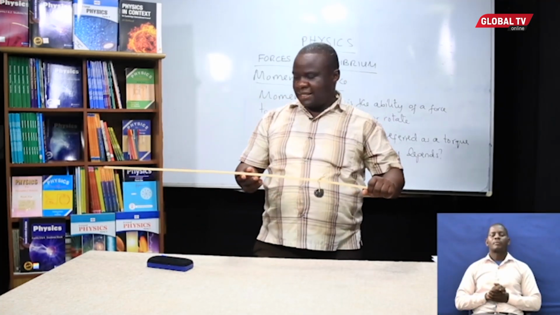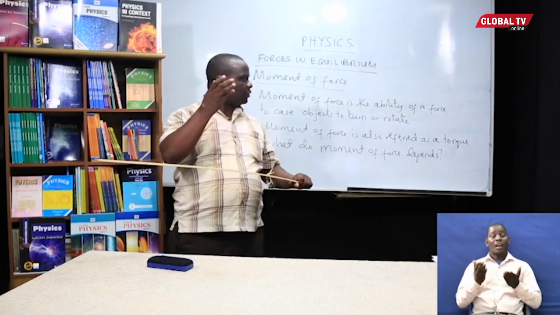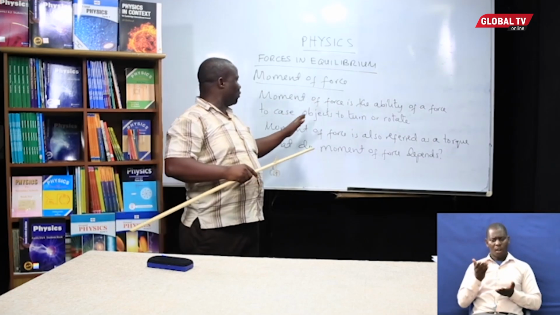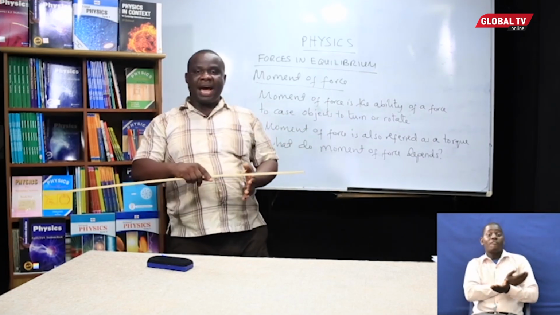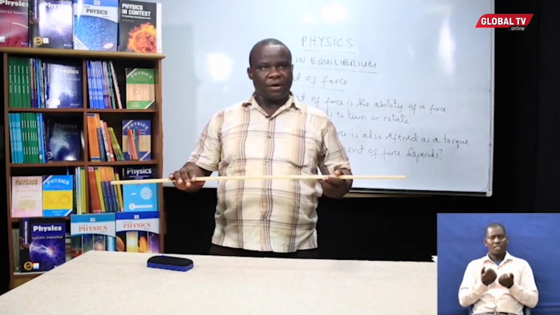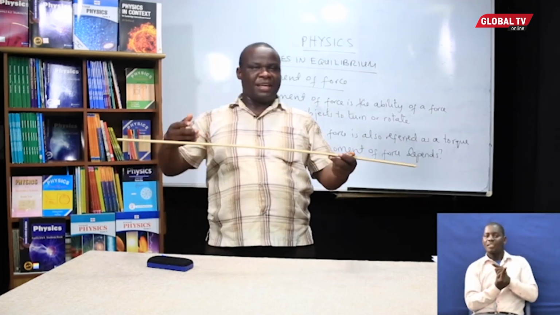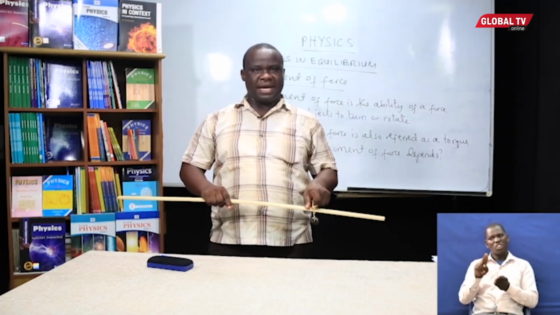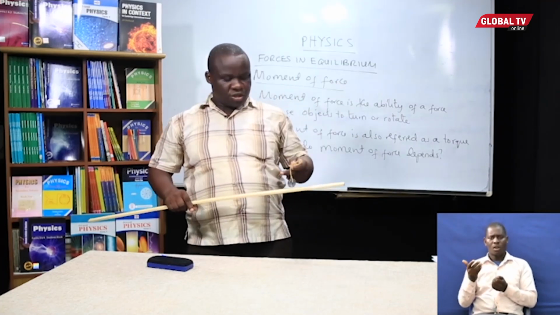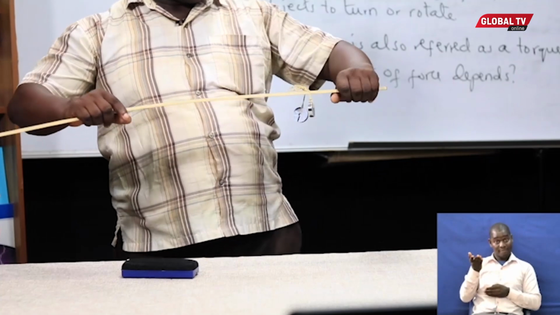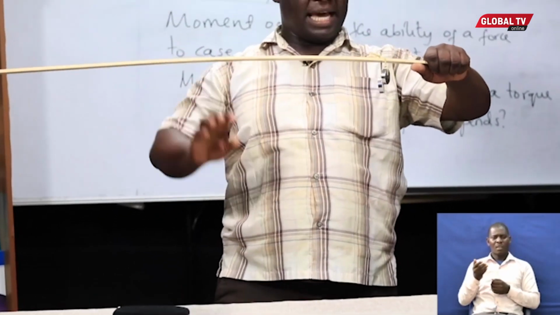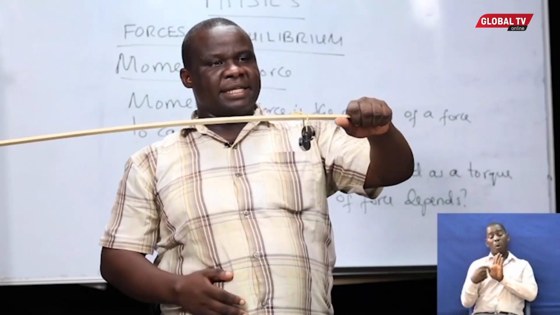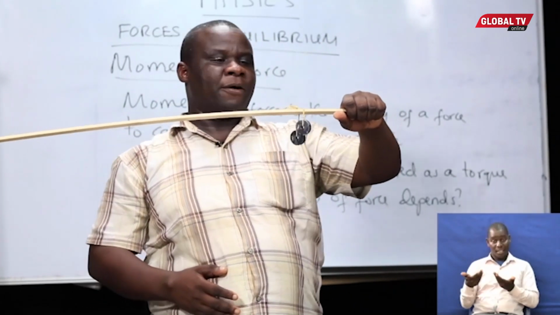Now, to answer this question, let us have this activity. To recall, a moment of force is the ability of a force to cause objects to turn. I have a meter rule here. Even where you are, you can have something which is just a rod or whatever. I also have a mass here. If I hold the meter rule, this point can be regarded as a point of suspension or a fulcrum.